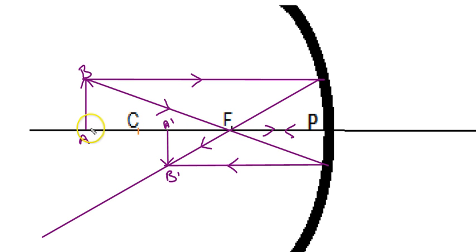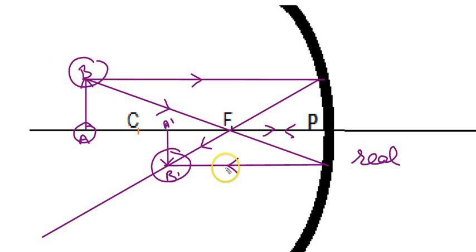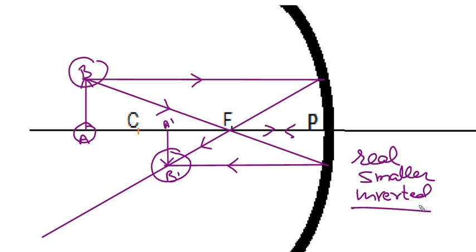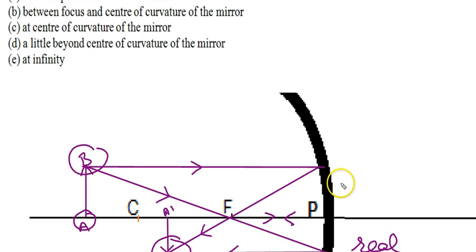So the A point is going to be here as A dash, and B is going to be represented here as B dash in the image. Since these rays of light are actually meeting, the image is real, smaller in size, and thirdly, it is inverted, upside down. So we note it down for your exam purpose.